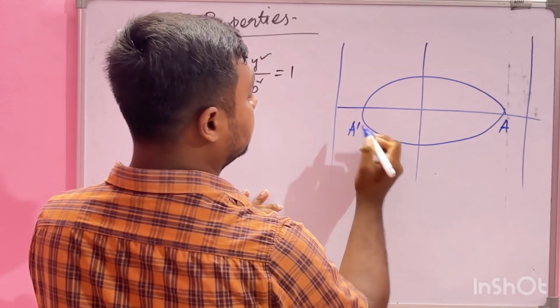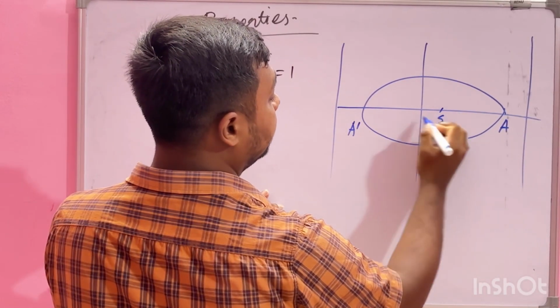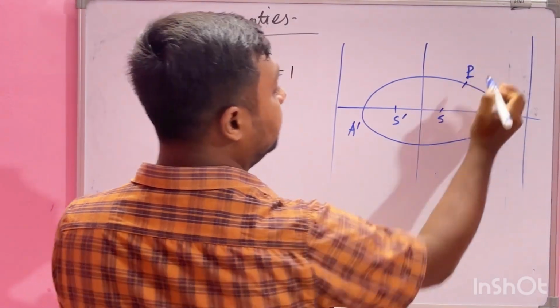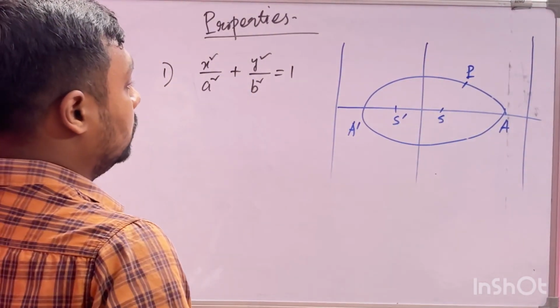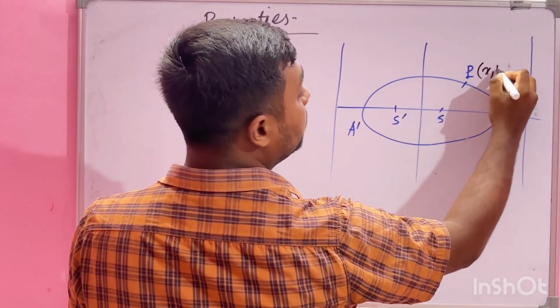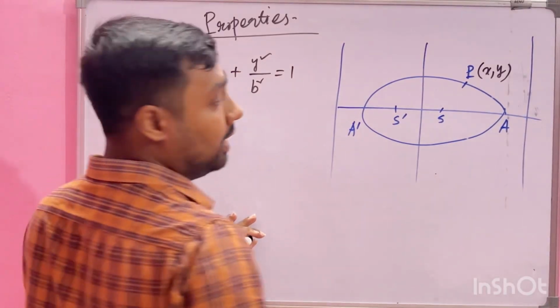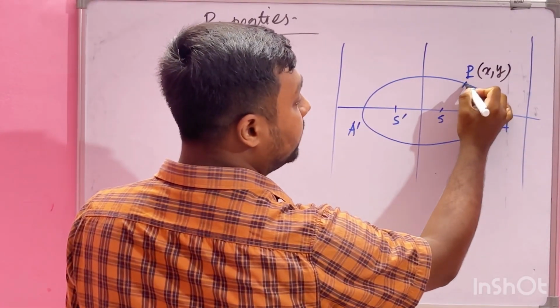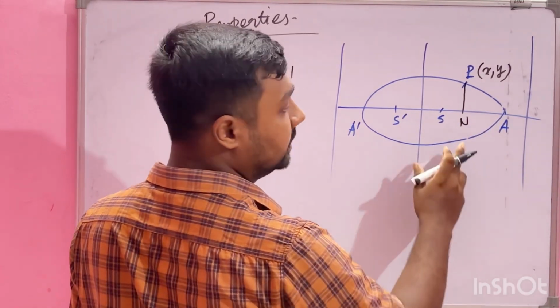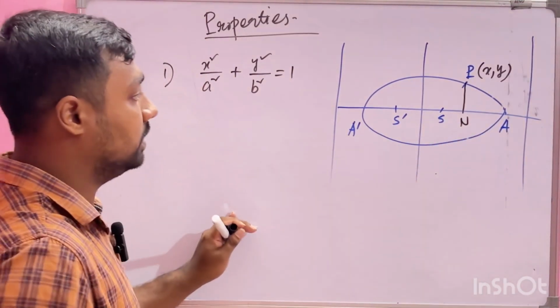A and A dash are the vertices. Here S and S dash are the foci, and P is any point on the ellipse. Now suppose P is any point of this ellipse, the coordinate of the point is (x, y), and let's draw a perpendicular from P to the major axis that intersects the major axis at the point N.